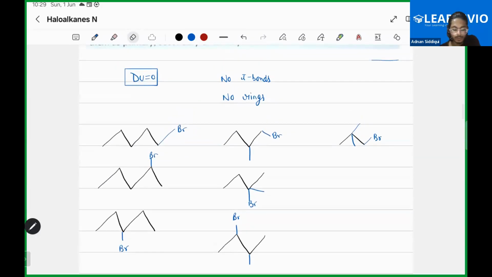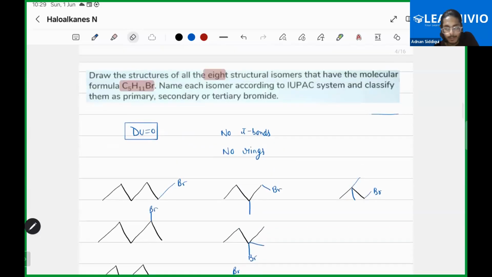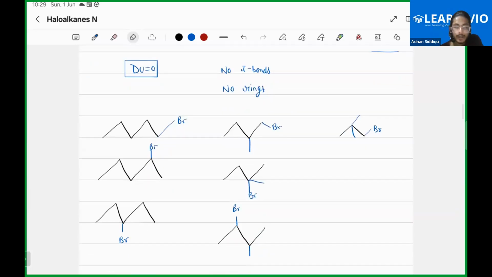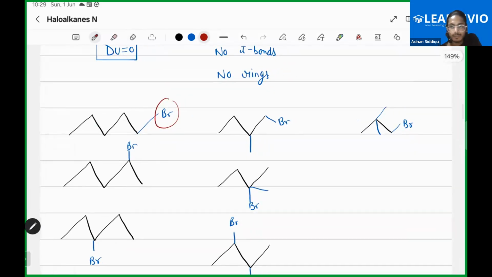Now, what we can do? First of all, the biggest chain that we can make is pentane, right? We will form pentane and we will try to make combinations. The first case is I can put the bromine here on the first carbon, right? So what is the name for this compound?